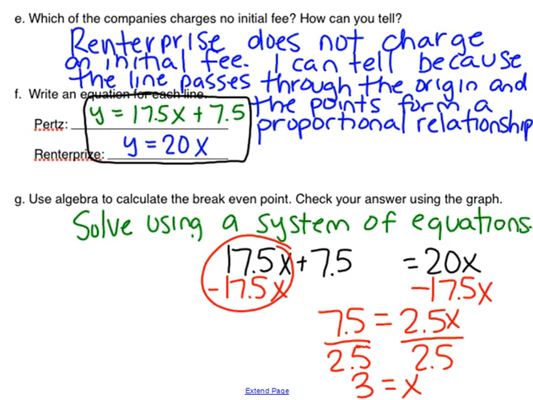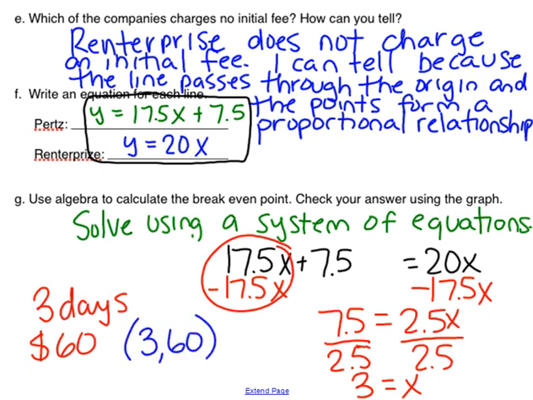So the break-even point would be 3 days. If we use either one of the equations, let's say we use Renterprise at $20 per day, your cost would be $60. So if you wrote this as an ordered pair, you would have the point (3, 60). If you wrote it in context of the problem, you could say it would cost $60 to rent the car for 3 days.